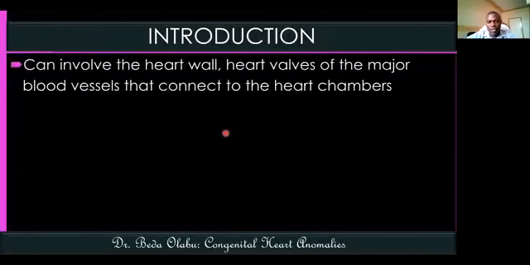These are malformations that either affect the wall of the heart, or the valves of the heart, or they may affect the major blood vessels that connect to the heart chambers. When you talk of the major blood vessels that connect to the heart chambers, we are referring to the pulmonary trunk, the aorta, or the two vena cava, superior and inferior vena cava.